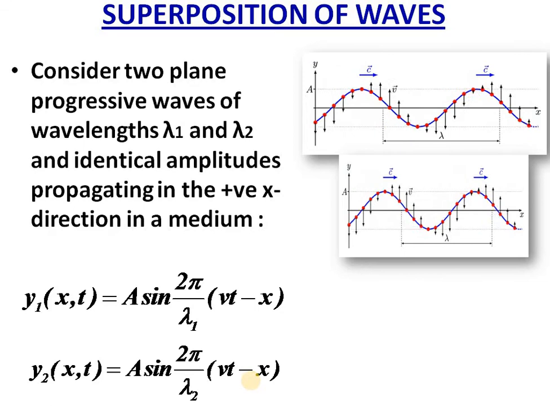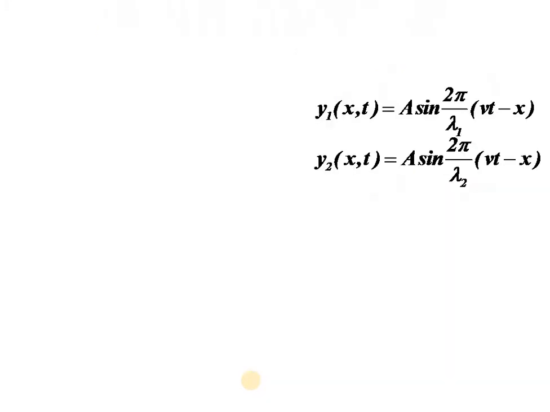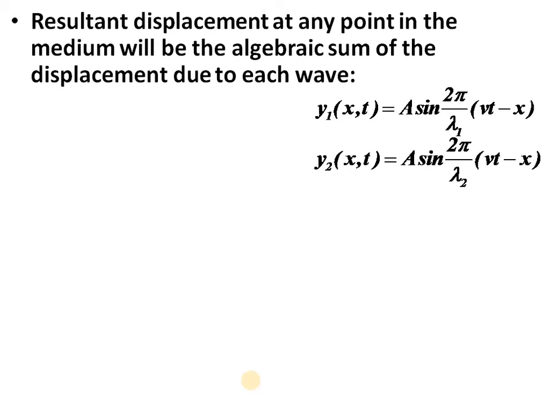What happens when these two waves simultaneously propagate in the same medium? We know that they will superpose each other. When two waves superpose, we can add them algebraically. The resultant displacement of the wave at any point along the horizontal axis will be y1 plus y2.